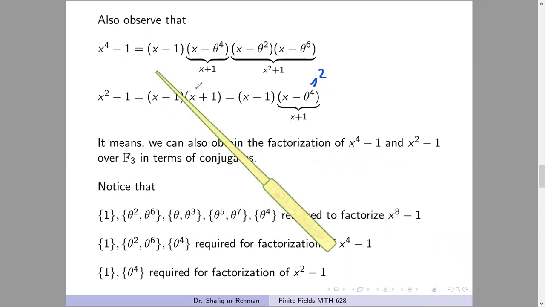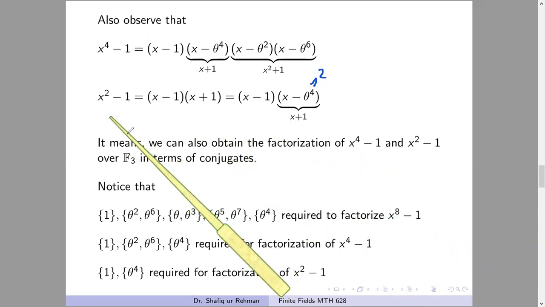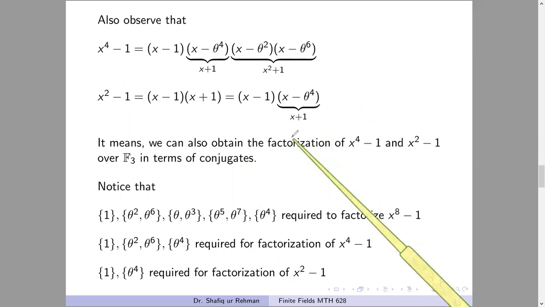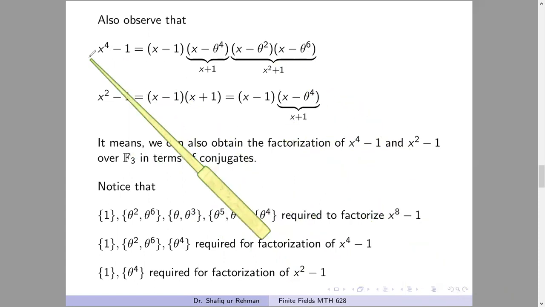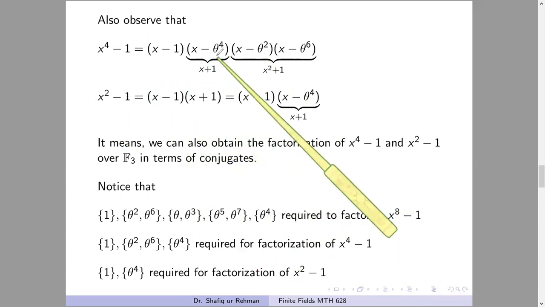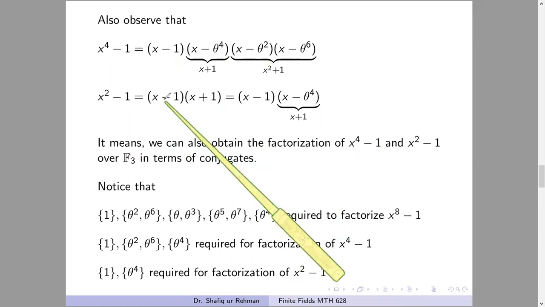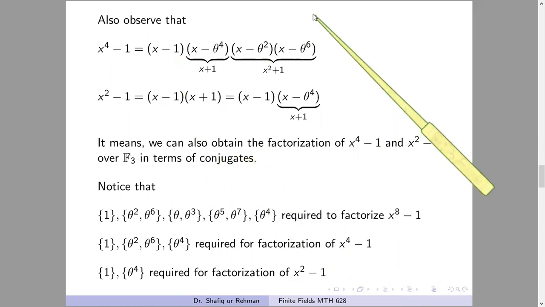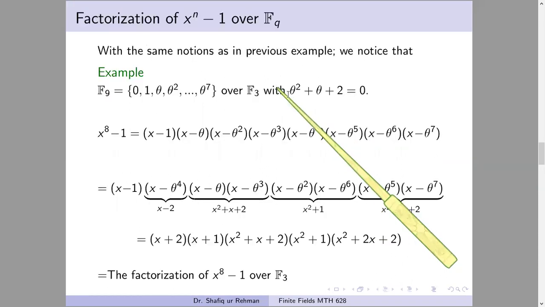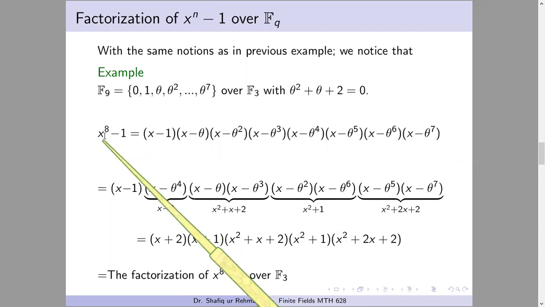So notice that now not only can we factorize x power 8 minus 1, but we can also factorize x power 4 minus 1 and x power 2 minus 1 with the help of conjugates. This is the complete product, and this product gives you x power 8 minus 1.